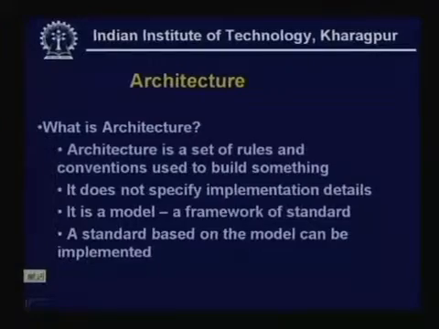Actually, an architecture will provide a framework of standard based on which something can be implemented. As we shall see, this network architecture will not really give you the implementation details. It will provide a framework of standard which can be followed, which can be used to implement something.